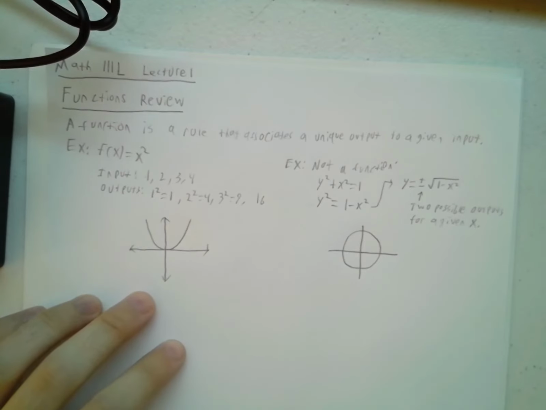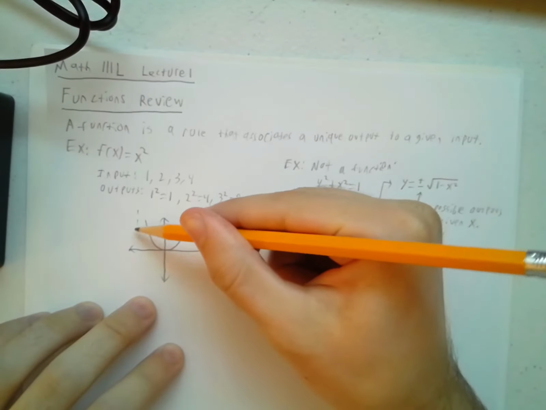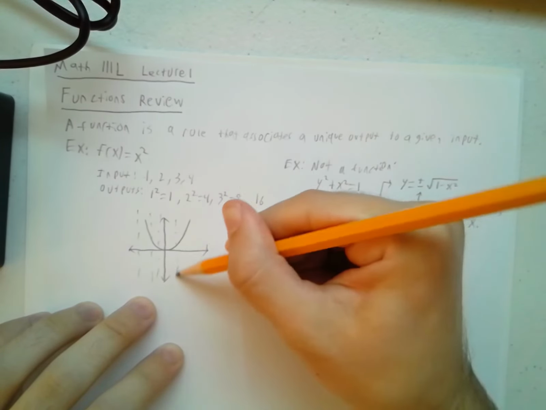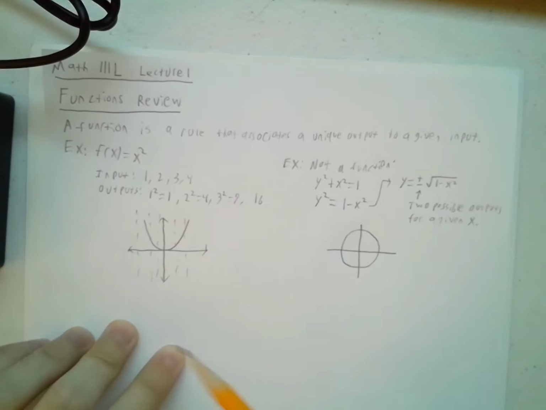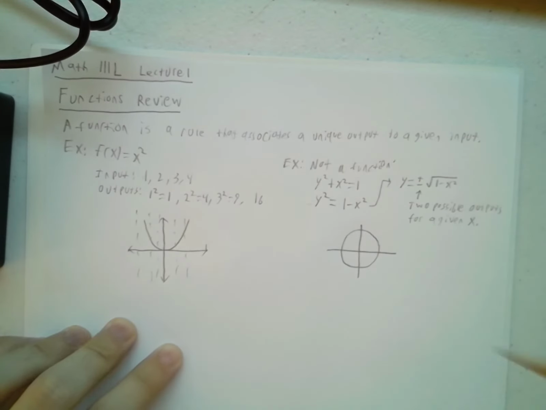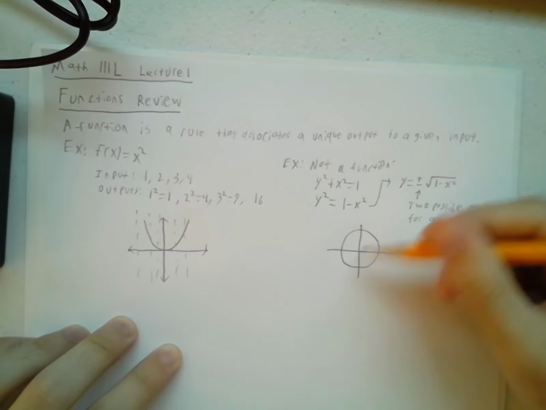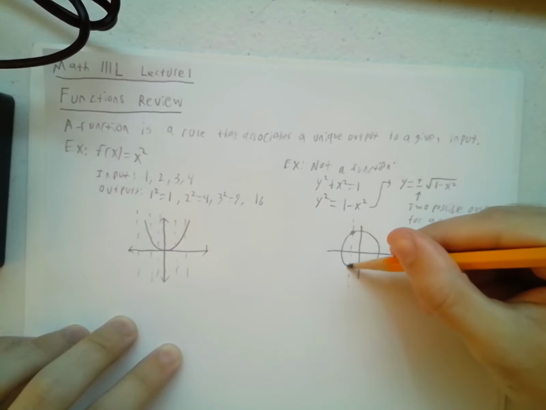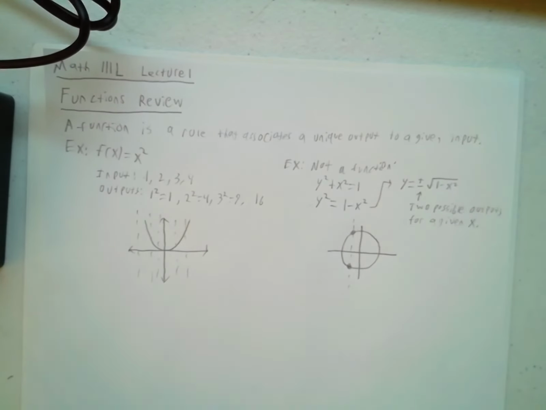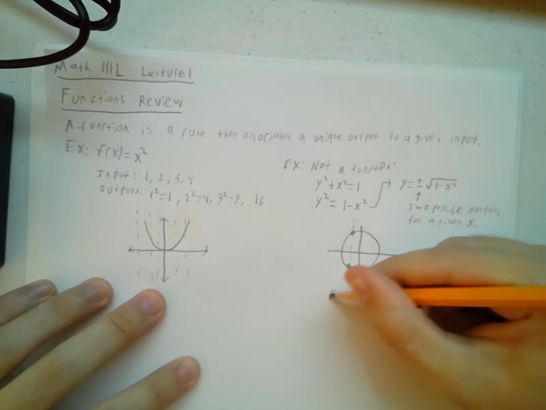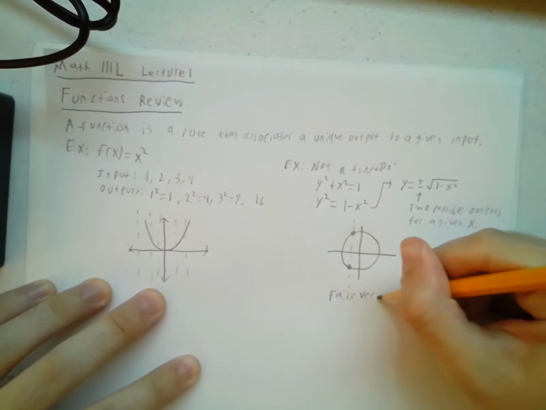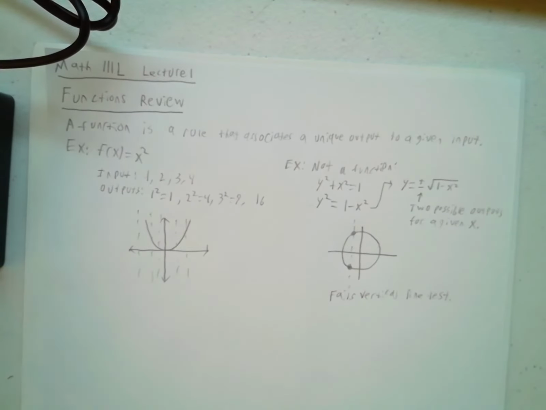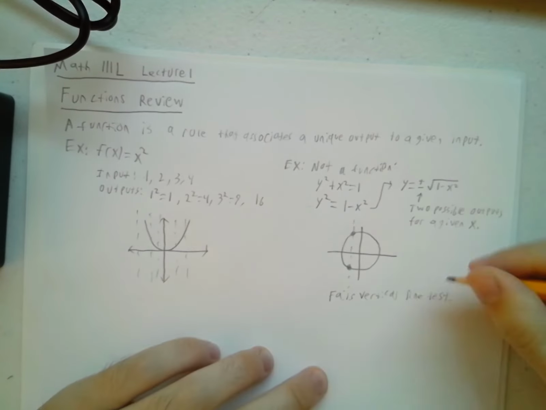So basically, you draw in a bunch of vertical lines, and if these lines intersect the graph at only one point, then we do have a function. But in the case of this circle, if we try to draw a vertical line, then we see there are 2 points of intersection, and that means that this fails the vertical line test. And that's one way we can quickly determine that this is not a function.